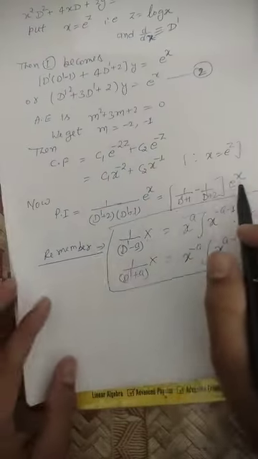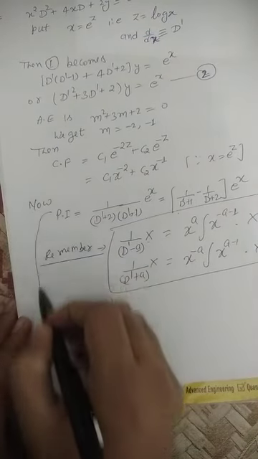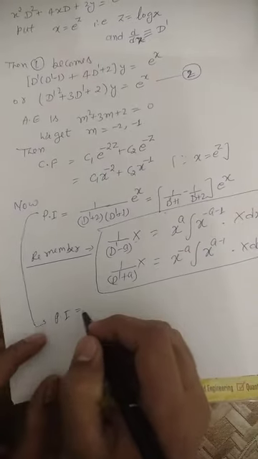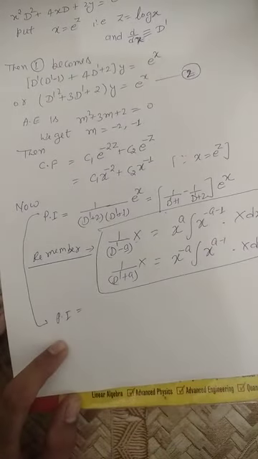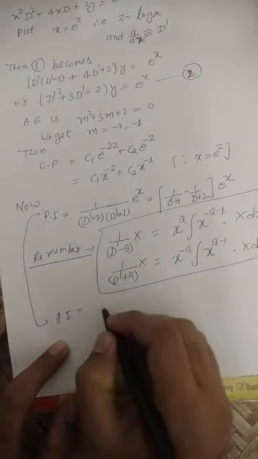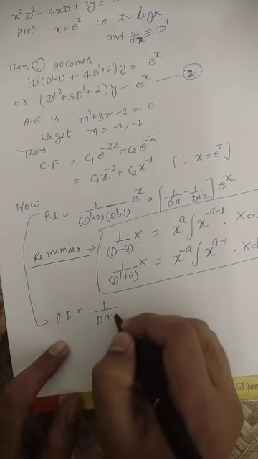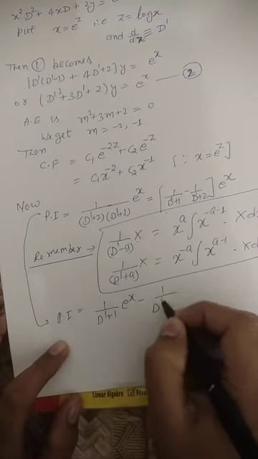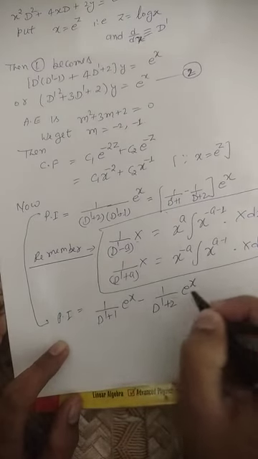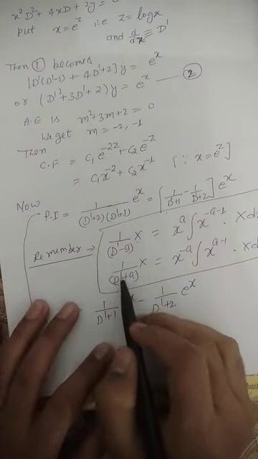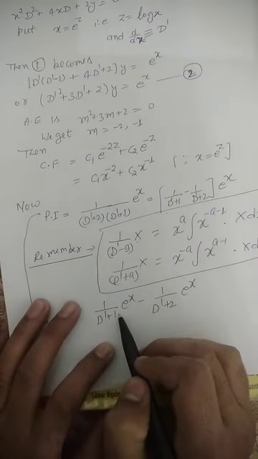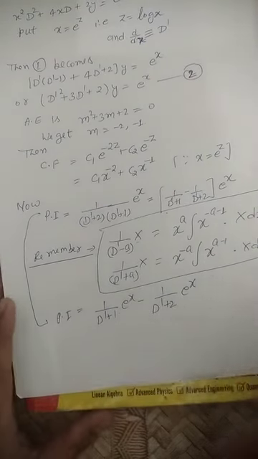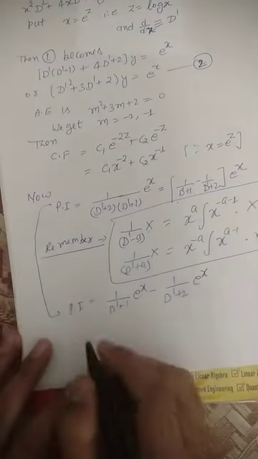First of all, you have to break into partial fractions. So PI equals, and you can separate both: 1 upon D dash plus 1 of e to the power x minus 1 upon D dash plus 2 of e to the power x. Now this is in the form of the second formula. Here a is 1, here a is 2, and X is e to the power x. So how do you write that?